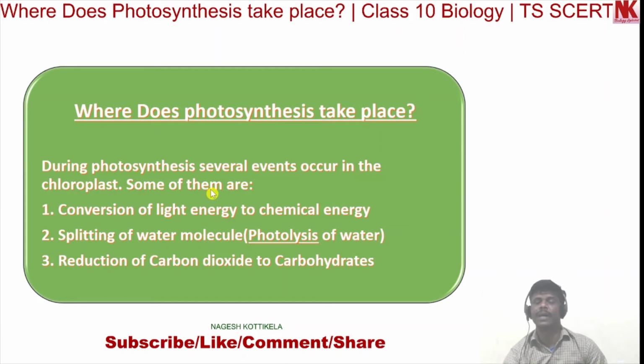Some of them are: number 1, conversion of light energy to chemical energy. Number 2, splitting of water molecule, that is photolysis of water. And number 3, reduction of carbon dioxide to carbohydrates. So these three are some of the events that occur during the process of photosynthesis.